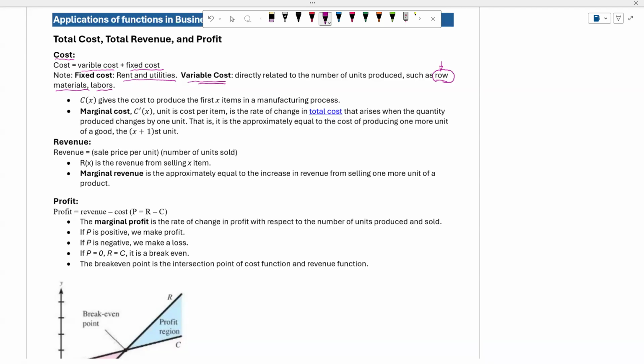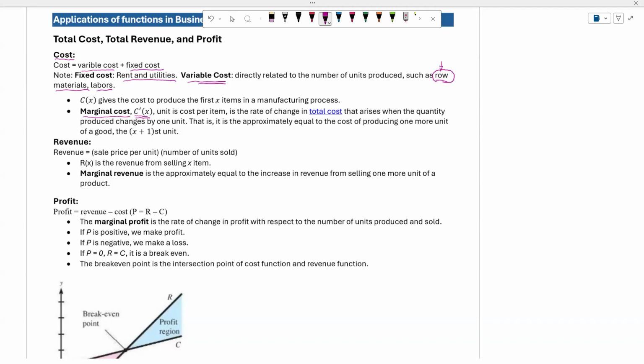Okay, so now, in this case, C of x gives the cost to produce the first x items in the manufacturing process. And then now, what does this mean by the marginal cost? Okay, basically the marginal cost in calculus is that we are looking for the C prime of x, meaning the change in the cost over the number of items.